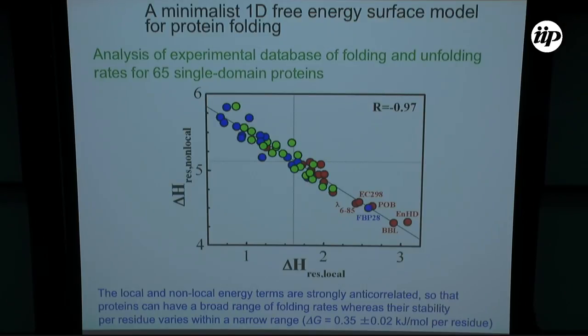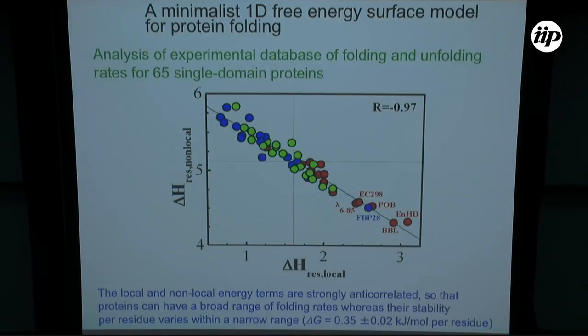So it's almost no change, right? And it amounts to basically a free energy difference of about 0.35 kilojoules per mole per residue. So that means there is a very strong scaling of both. And so the fluctuations that you see here are the differences in structure and sequence, very little, okay?